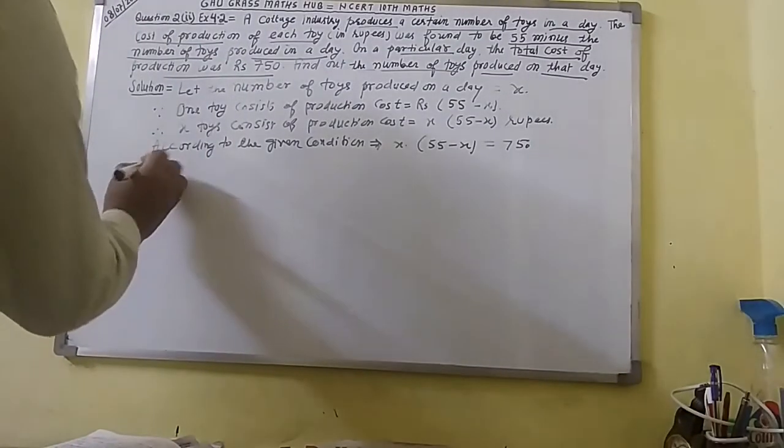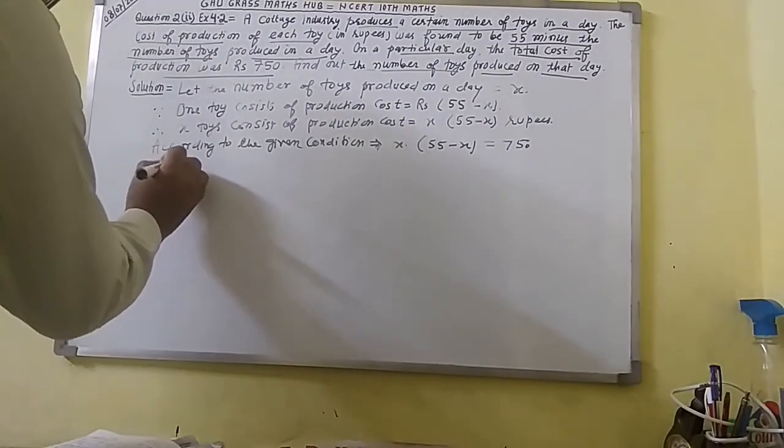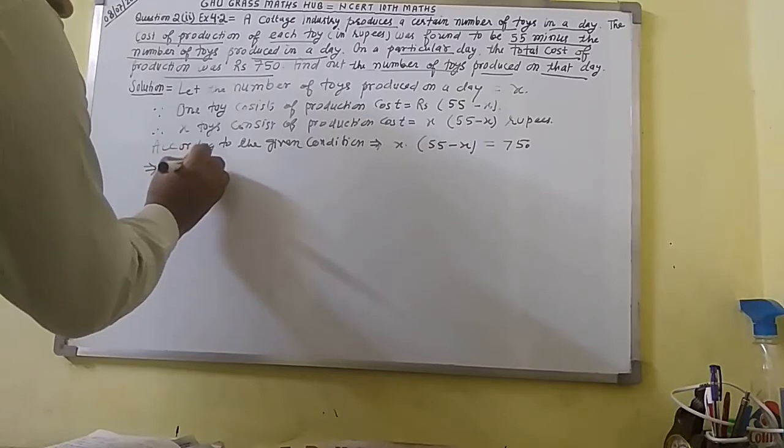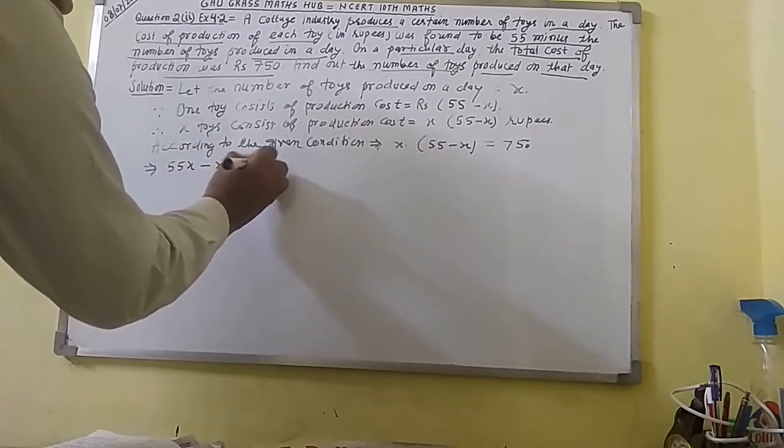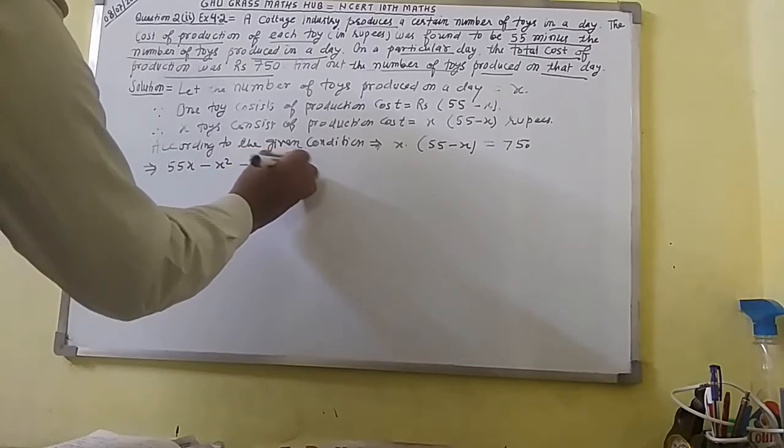Now simplify this, which implies that this will become 55x minus x square minus 750 equal to 0.